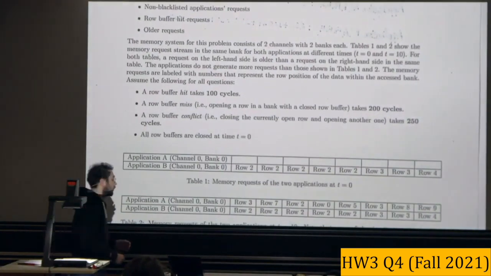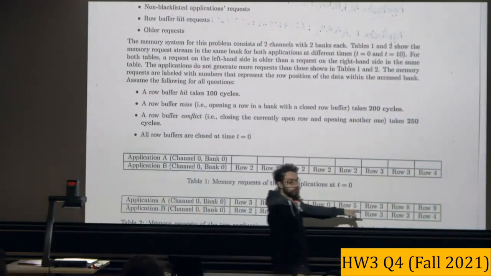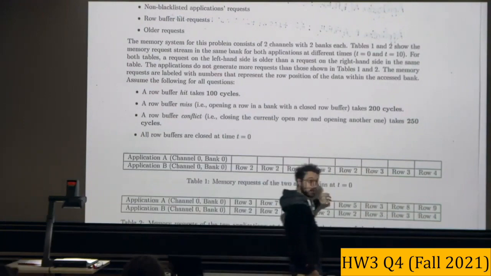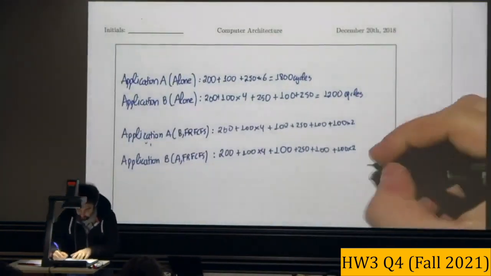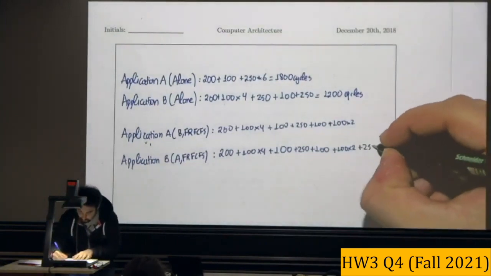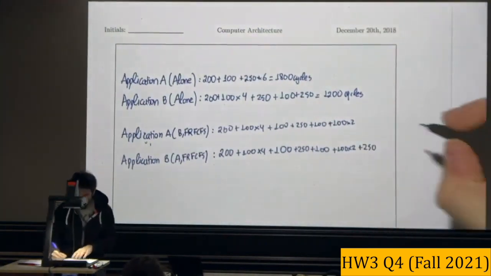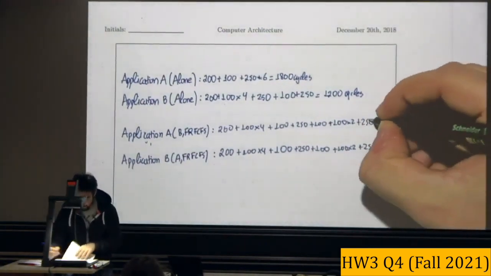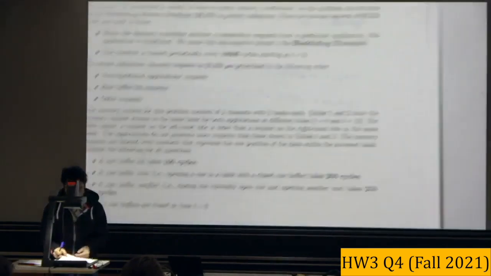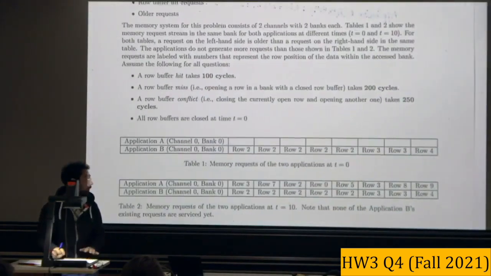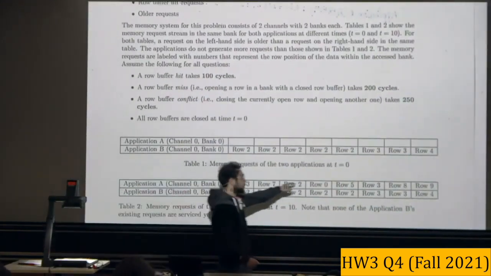Then we need to service row 4 because it's the oldest one. There is no other ready request. So to service row 4, we need to pay 250 cycles more for both. And then, how many requests are missing from application A? Because we did not execute all the requests. We executed 3, 2, and 3.